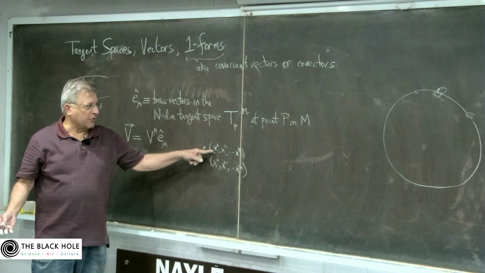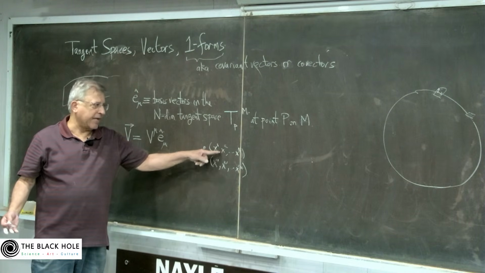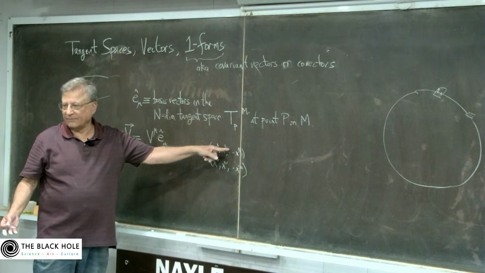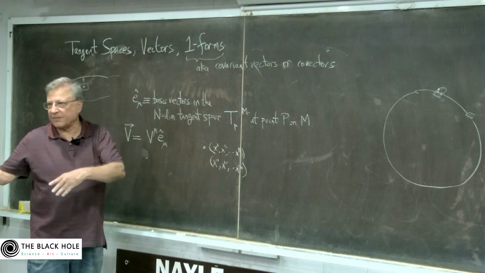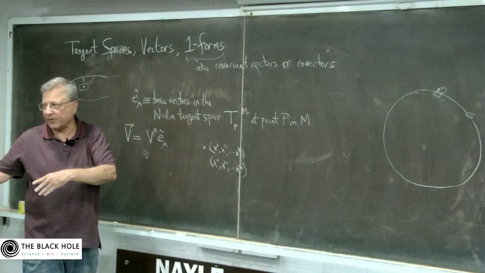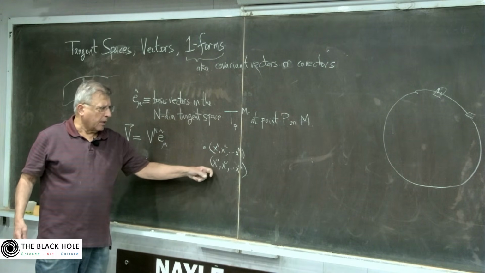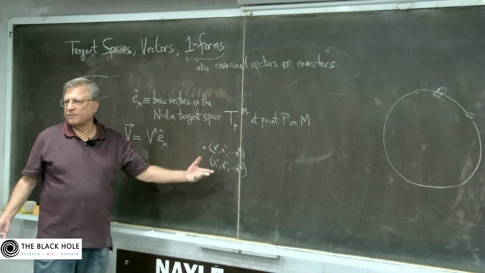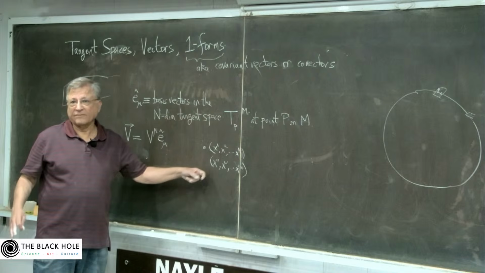So you could call this x, y, z, with z being fixed because x squared plus y squared plus z squared equals r squared. So x, y, and here theta, phi. Same number of coordinates here as here.